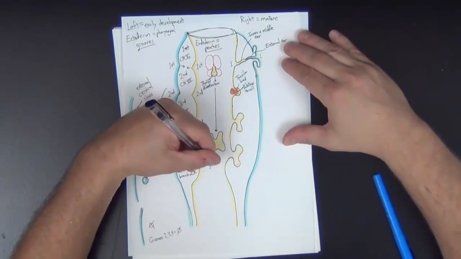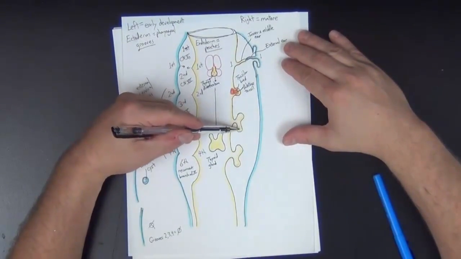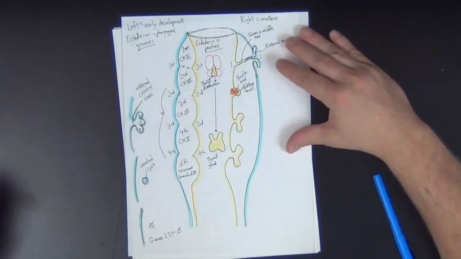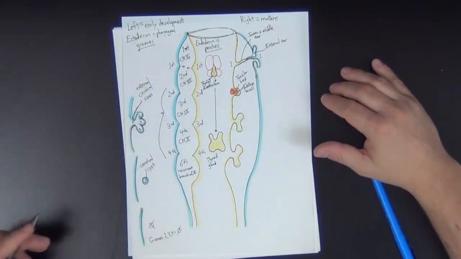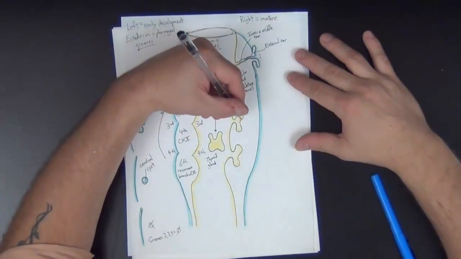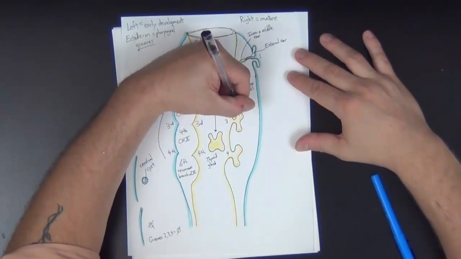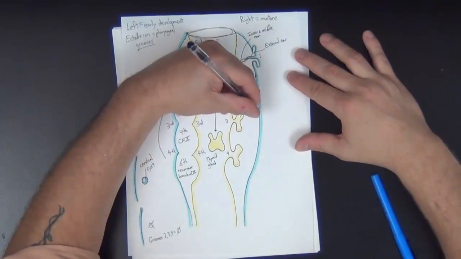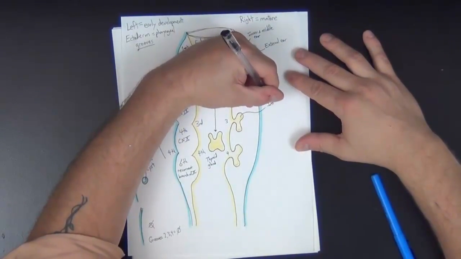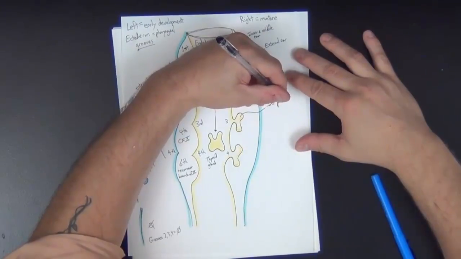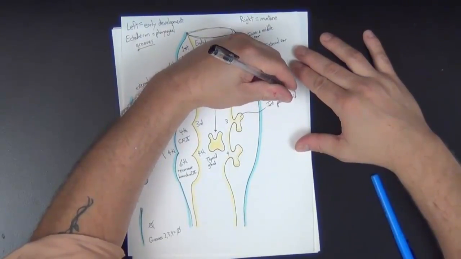Now, I bring that up first because these third and fourth pouches actually contribute things that are related to the thyroid gland. So, for whatever reason, here we go, third, fourth pouch. The dorsal extension of the third pouch gives rise to the inferior parathyroid gland.